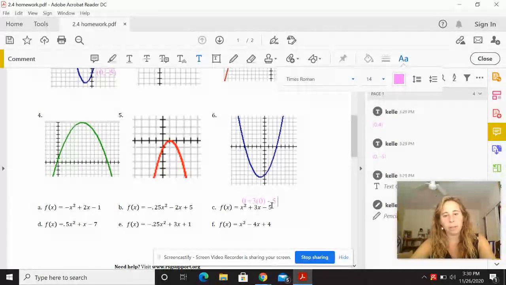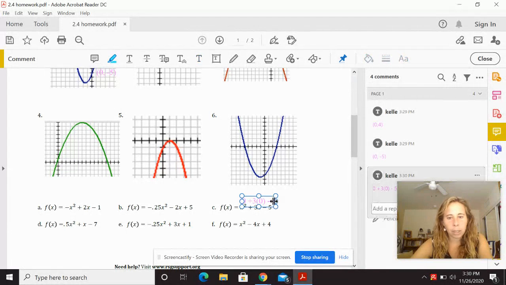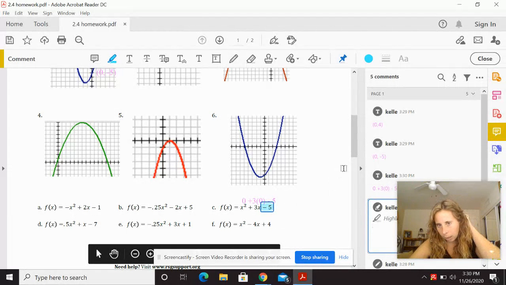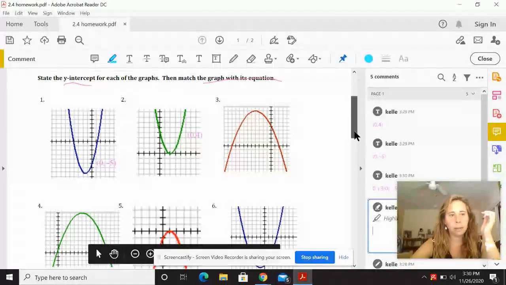So it's just -5, right? So that would be x is 0, y is -5. That matches. So your y-intercept is always going to be, let me get my highlighter, there it is, this term. Okay, so number 1 is C.